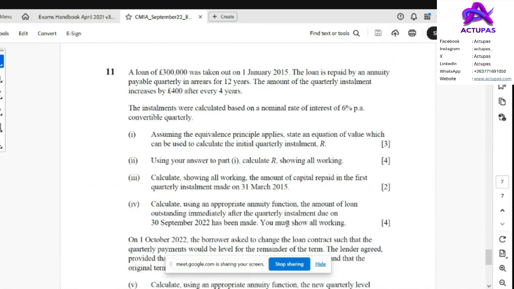So using the prospective reserve formula, from December 22, the next installment will be the 8475 that we got in part 2 plus 400. But then in 2023 onwards, the installment is going to increase by a further 400, and we want to find the discounted value of that amount as at 30 September.